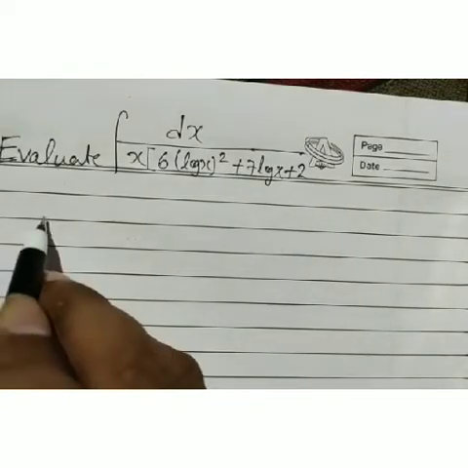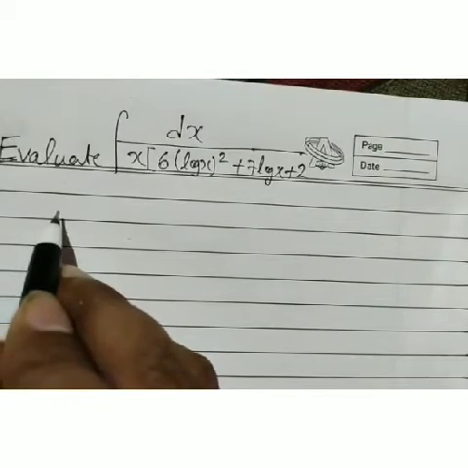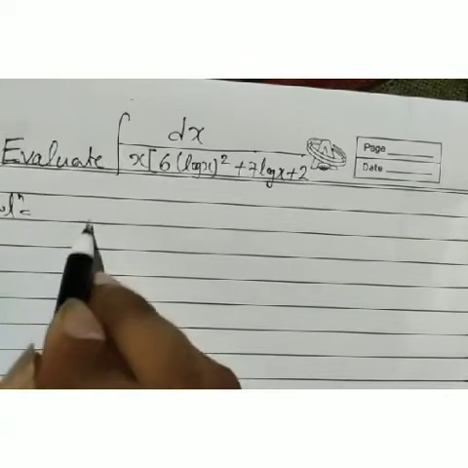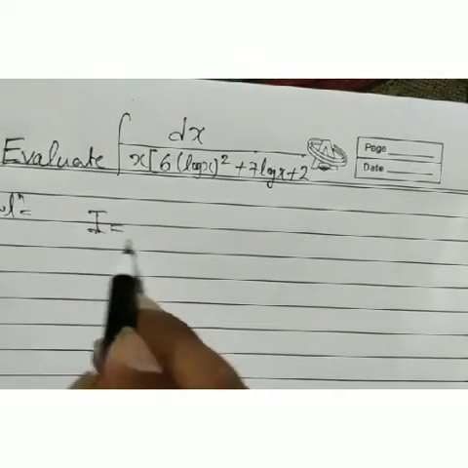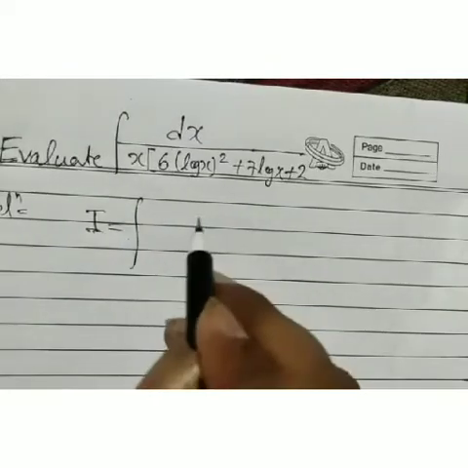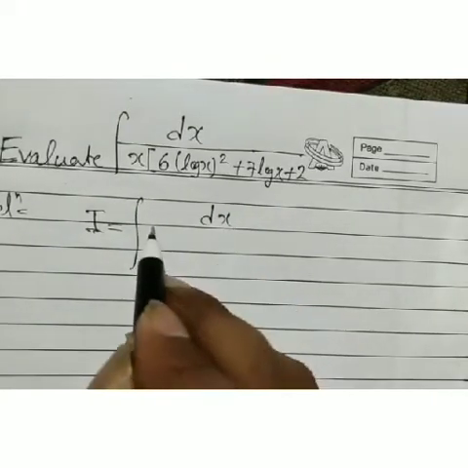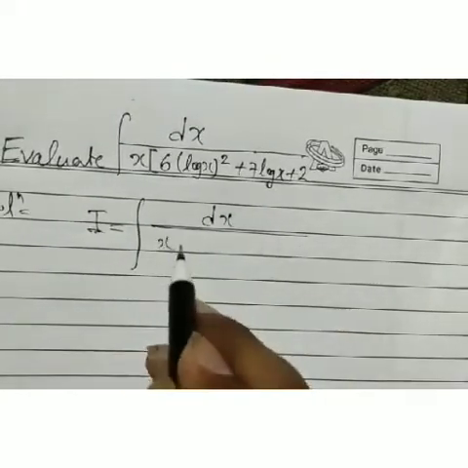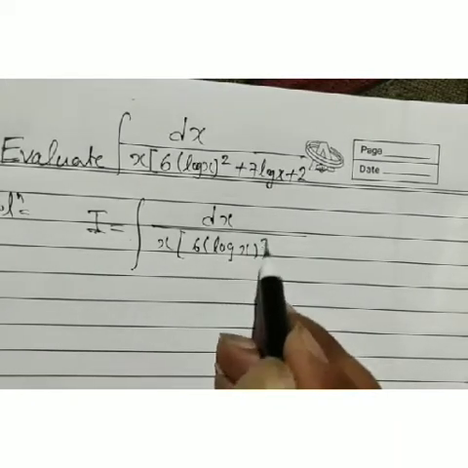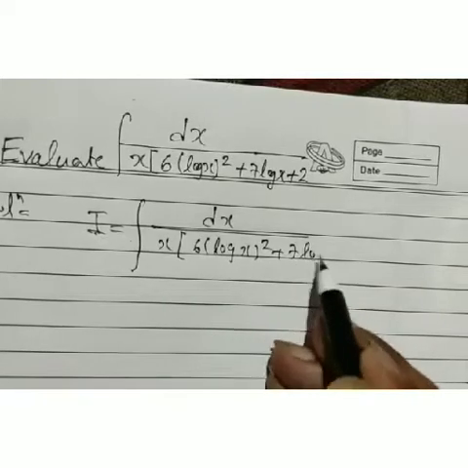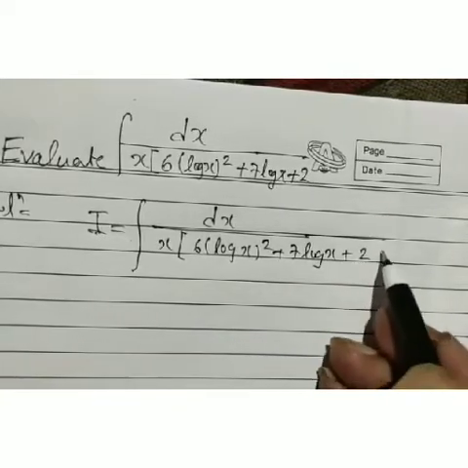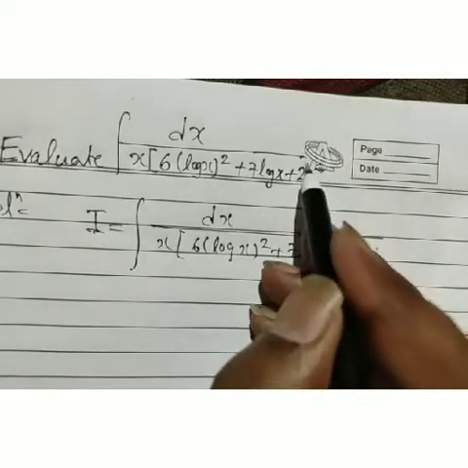Let's suppose in the solution its integral value is I. Then taking I, we have the integration of dx upon x times 6 (log x) whole square plus 7 log x plus 2, with the bracket closed.